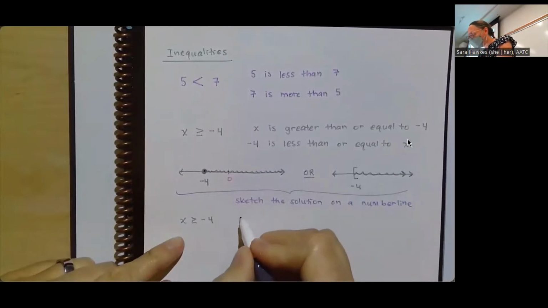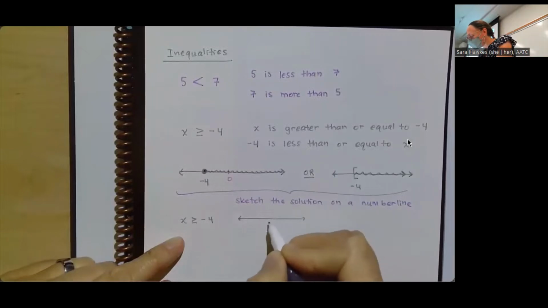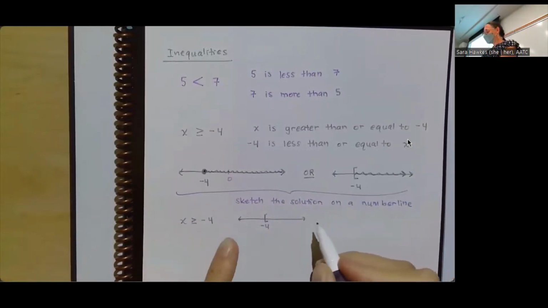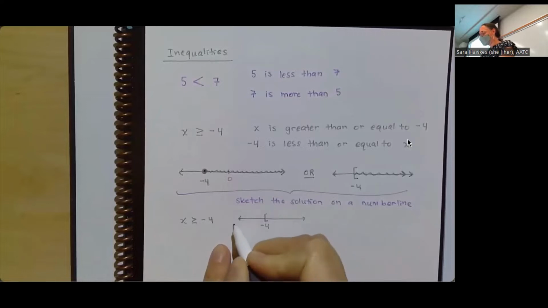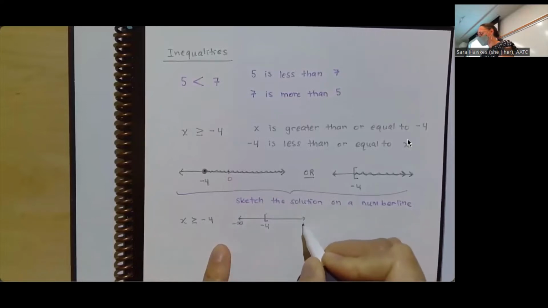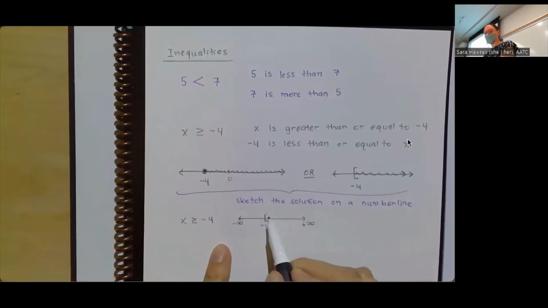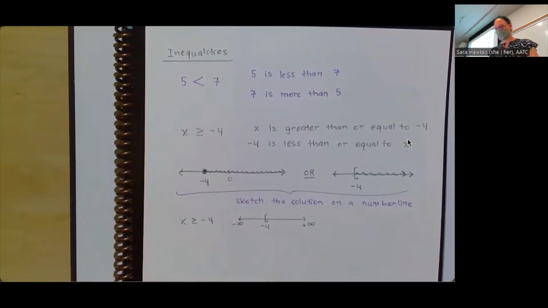So if I think about that number line with the -4 and I put the square brackets on, at either end of my number line, I have a -infinity and a +infinity. So if I want to show that I want this portion in here, I can write that in what we call interval notation.